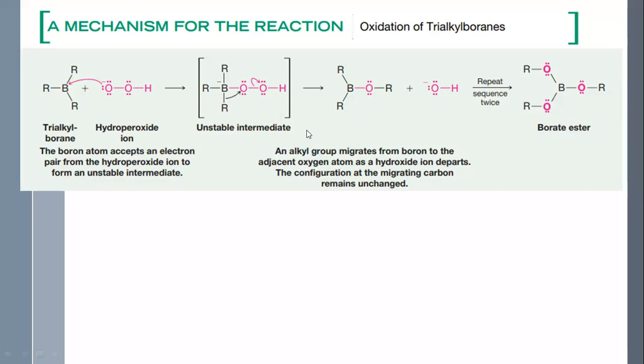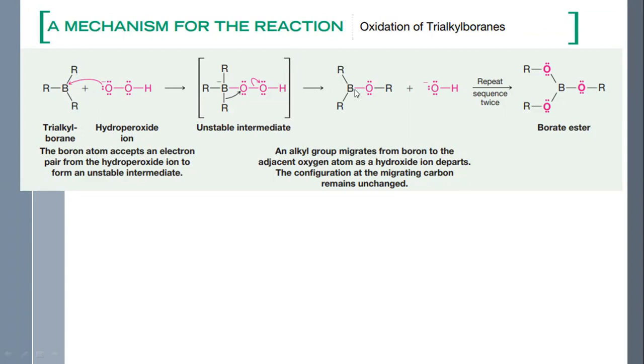Sorry. And you have your OH attacking this. Okay, it will attack B. So this one is already substituted with OR at the end of the reaction, and it will attack again.